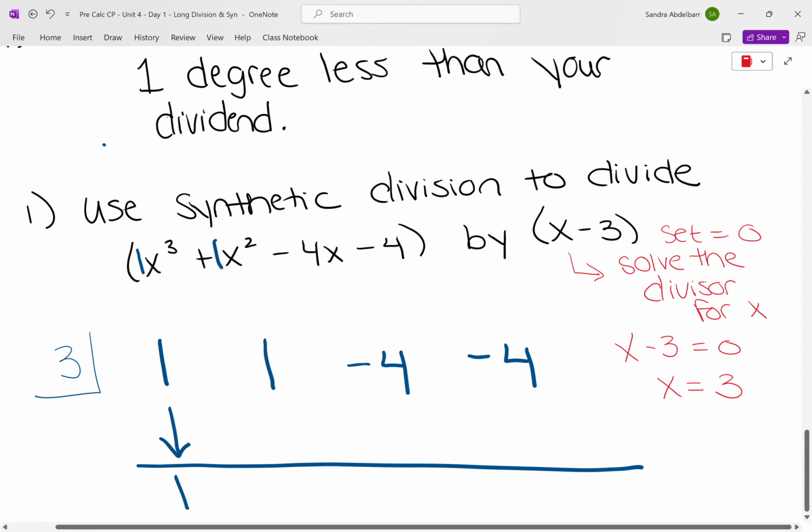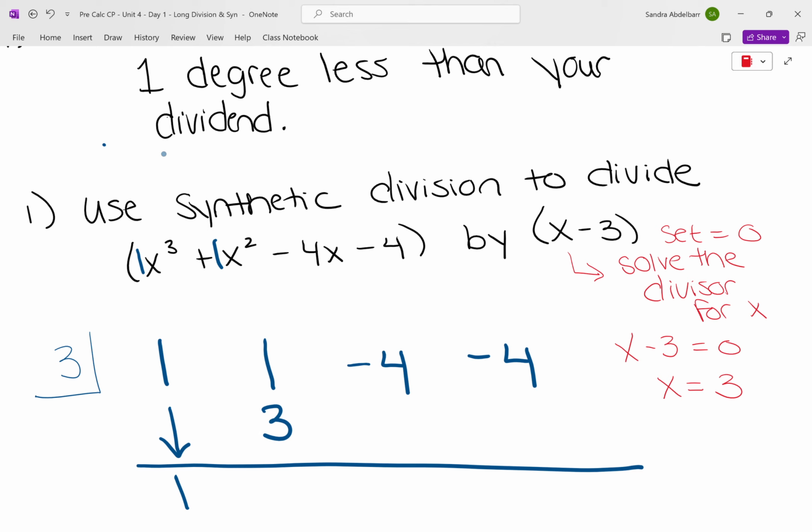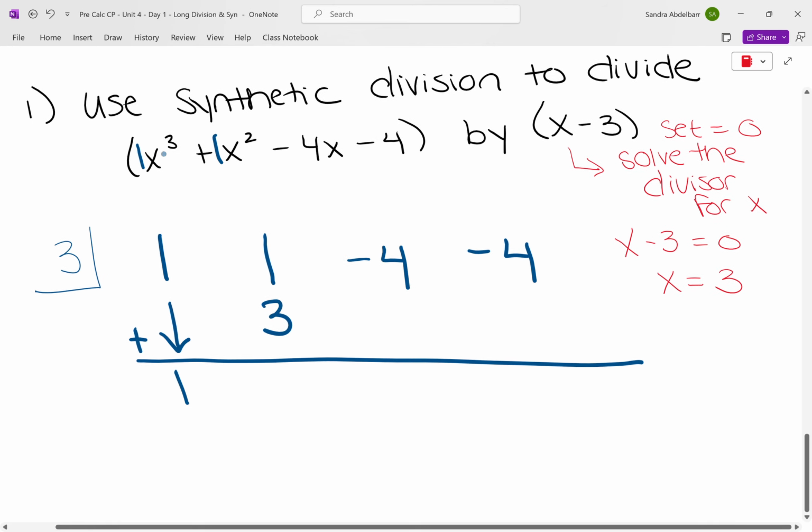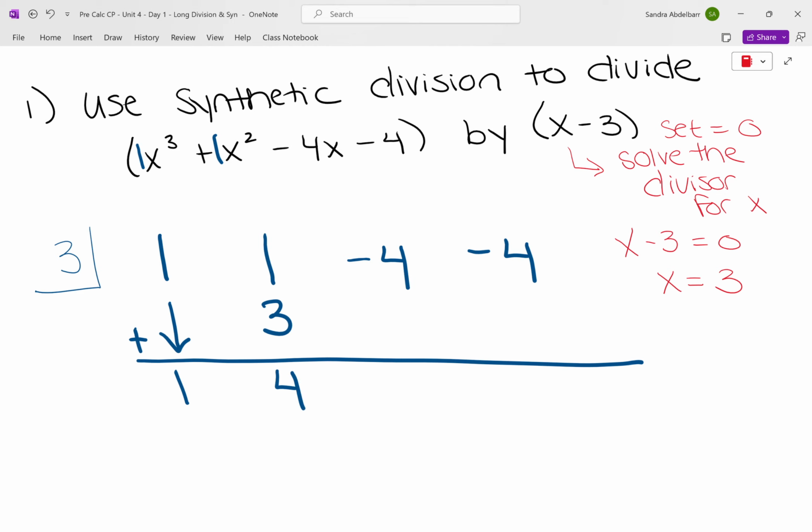Then we're going to bring down that 1. You bring down the first one. And then you multiply what's under the line by what's in the box. So 1 times 3 is 3. And then you add each column. So 1 plus 3 is 4.